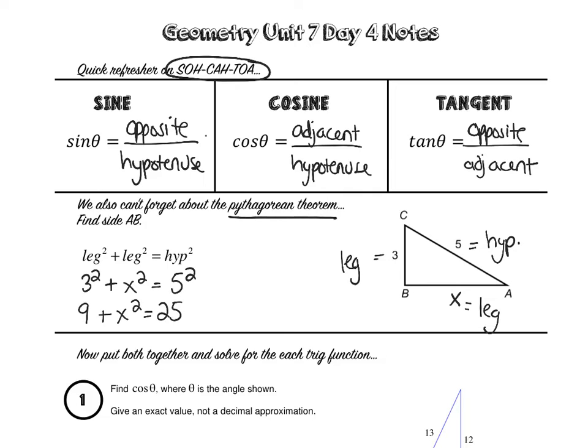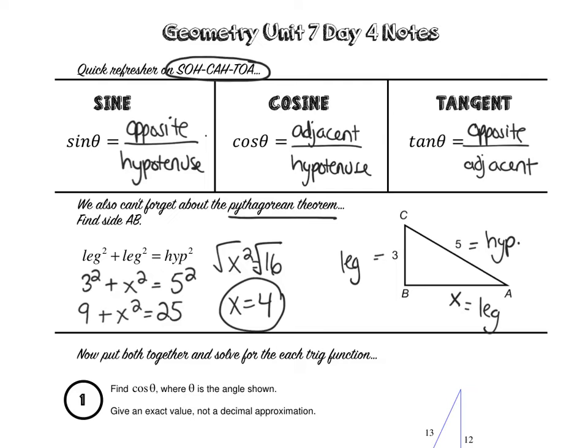And then we need to subtract the 9 from both sides. So x squared is 16. And don't forget to square root in the end. This one comes out nice. X is 4. Okay, so that's how we find the side.